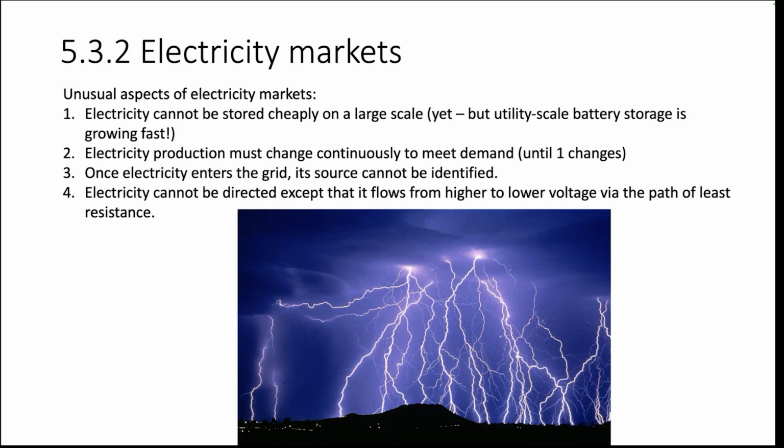So if somebody says you're buying all renewable energy electricity, that's not true. What's coming out of your plug is whatever is on the grid, and that's a mix of sources, 1,250 different generating plants. And the electricity cannot be directed except that it flows from higher to lower voltage via the path of least resistance. As we can see here with lightning, that's what lightning is. It's electricity flowing from higher to lower voltage.